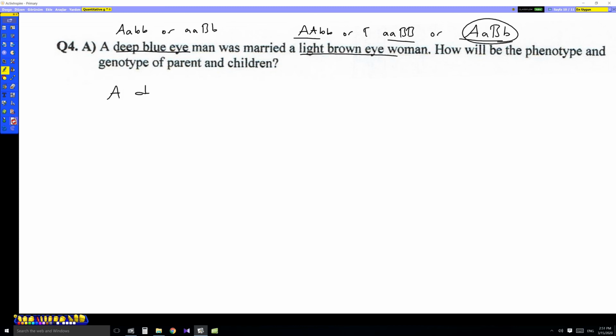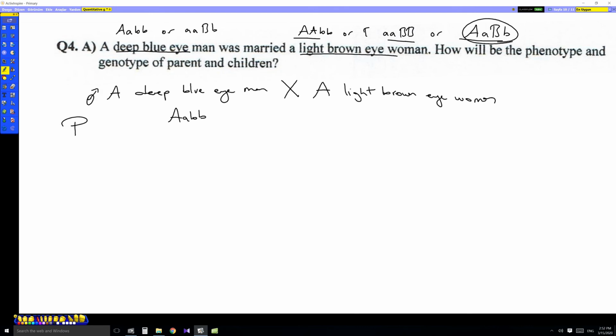So a deep blue eye man married a light brown eye woman. How will be the phenotype and genotype of parents and children? Parents produce gametes: A capital, A small, B small, B small for the man.